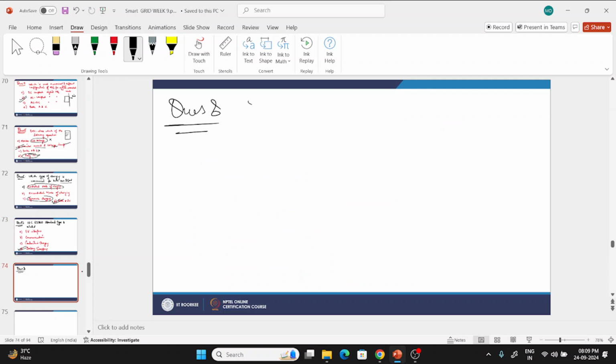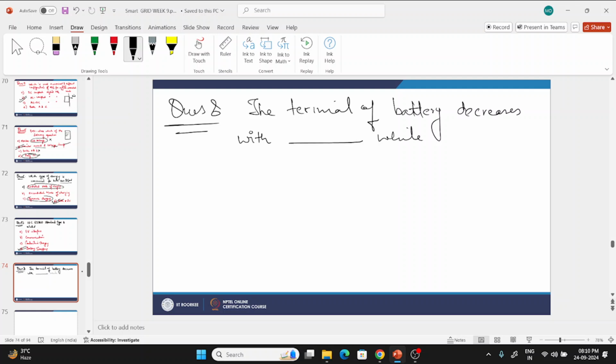Question number 8. The terminal voltage of a battery decreases with increase of while being charged. Okay.